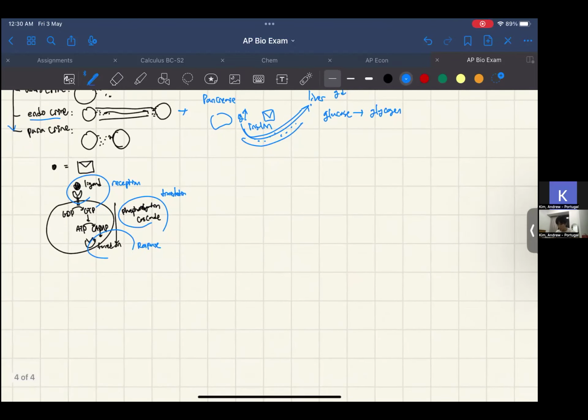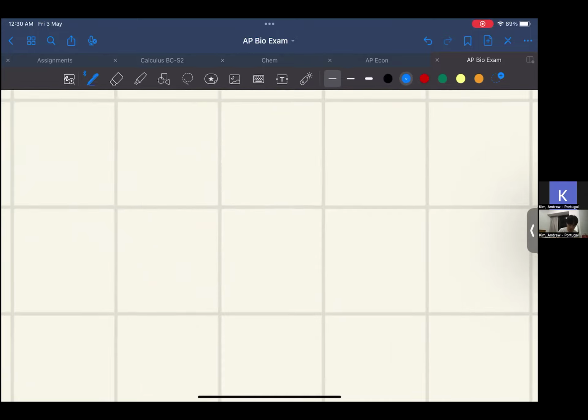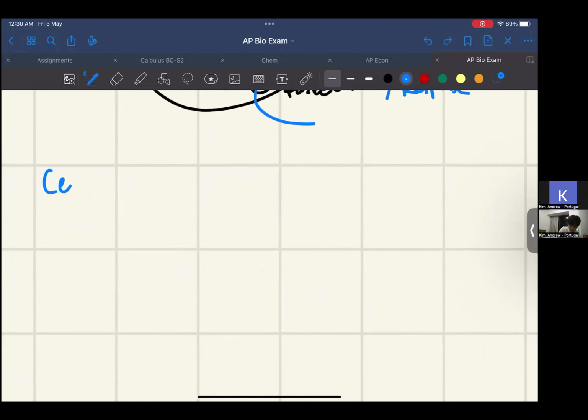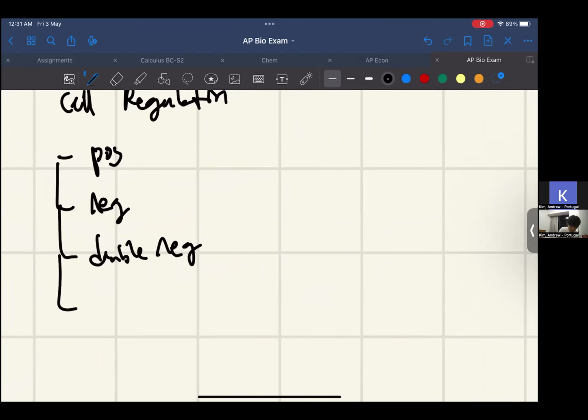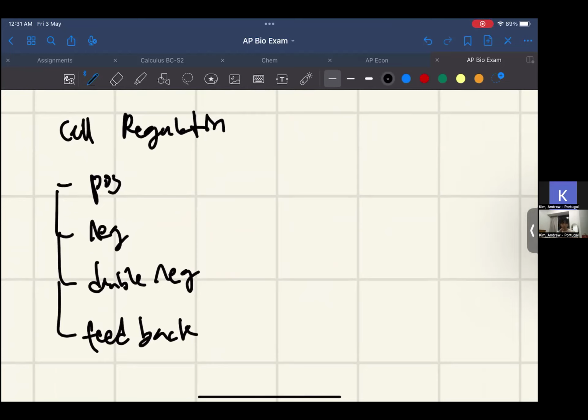Now what we have to look at is different types of regulation. There are 4 big types of regulation we have to look at. First is positive, second is negative, third is double negative, and last is feedback. These are the four big ways cells communicate with each other. Now, positive is as one increases, the other one also increases.